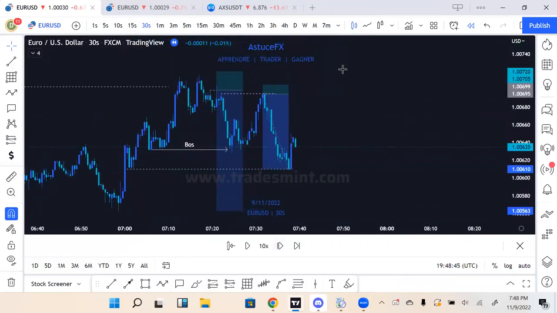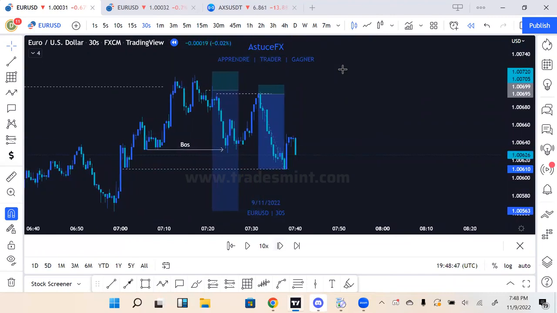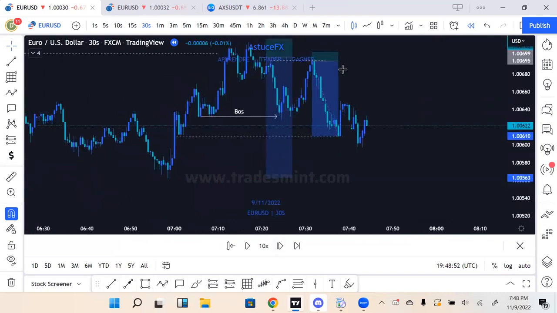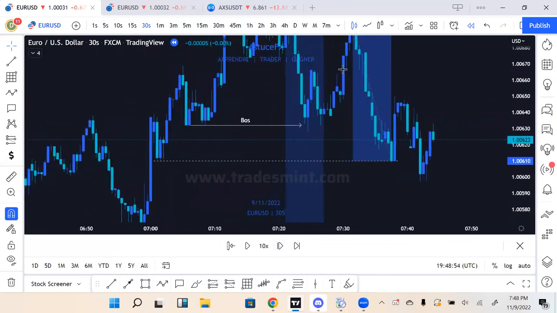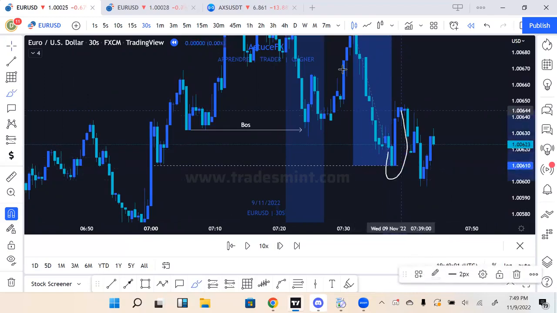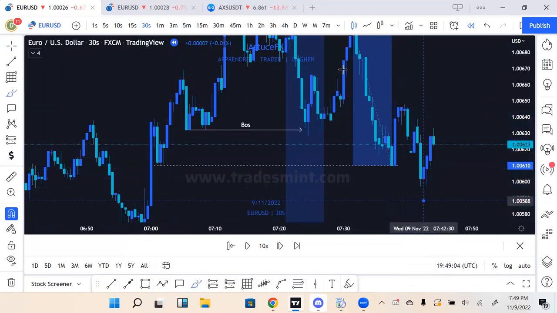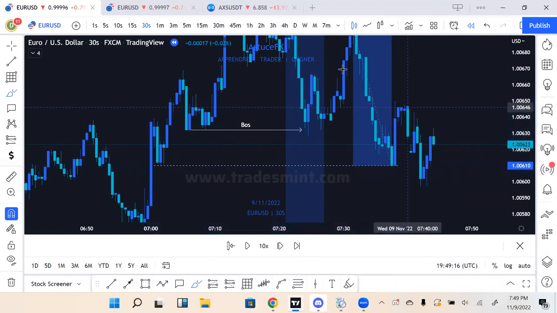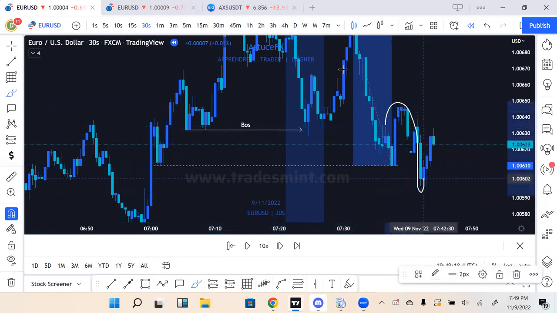So on this, price came. If you look at it well, price came to this zone here and gave us a reaction. You see this bullish candle before the sell, which means people started buying from this area, before going down and taking the stop losses.